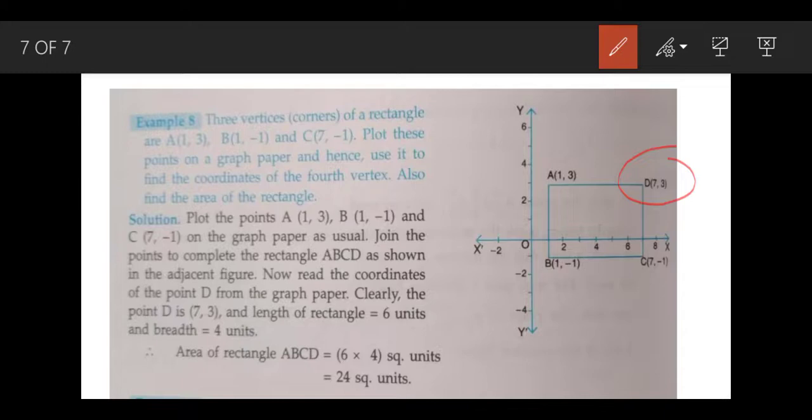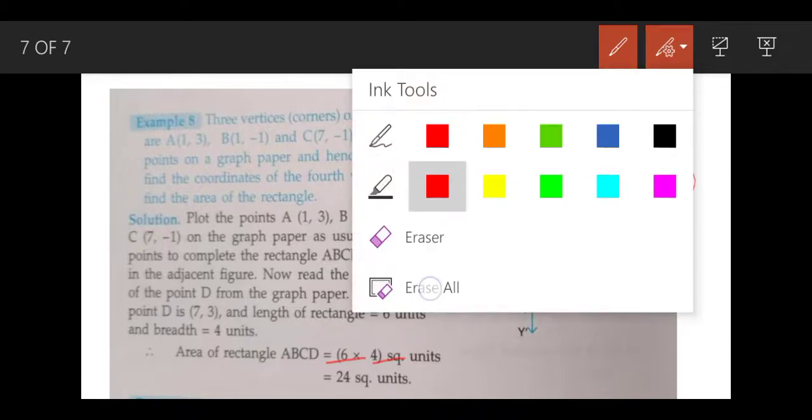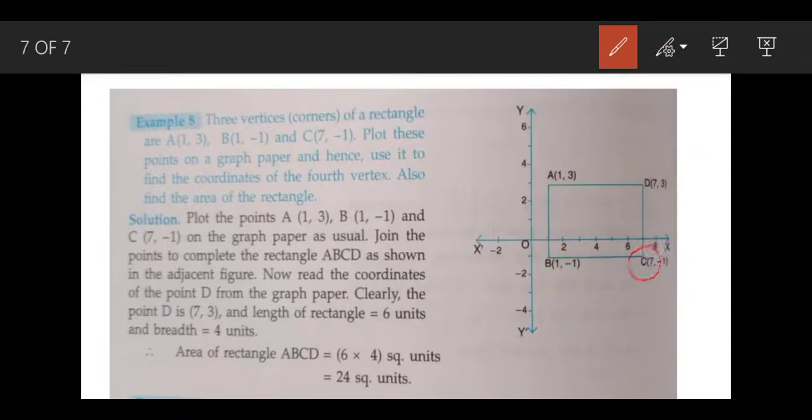There are 6 horizontal squares and 4 vertical, or we can subtract it also. This is 7 minus 1, 7 minus 1, which is 6.